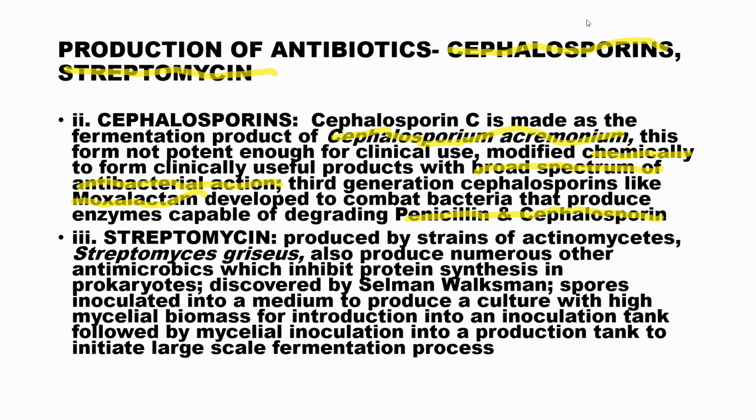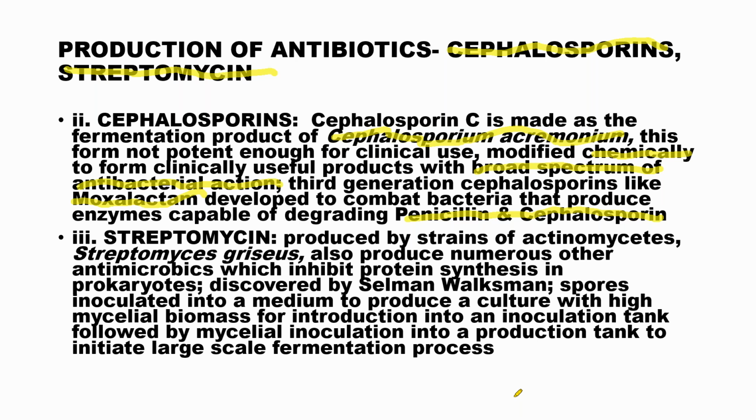Have you heard about the term antibiotic resistant bacteria? Vidushi has heard about antibiotic resistance bacteria. Anaka has heard. Shalini has heard. Maunia, what about Maunia? Very good. So from the term itself, you know what is meant by antibiotic resistant bacteria.